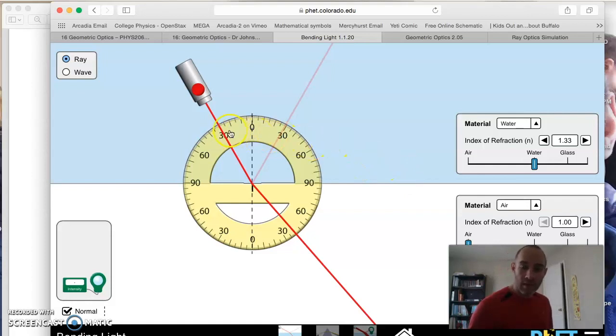The light that is speeding up is coming from 30 degrees and it's going to leave at an angle greater than 30 degrees. To figure out what that angle is, I'm going to erase my board. We use something called Snell's law. So again, I'm going to zoom myself in here. Snell's law equates those angles with that change in speed.